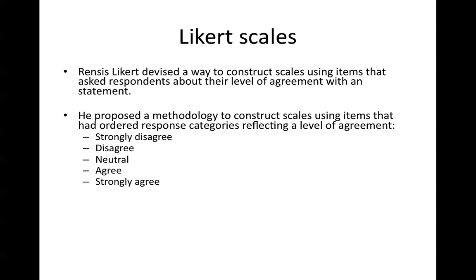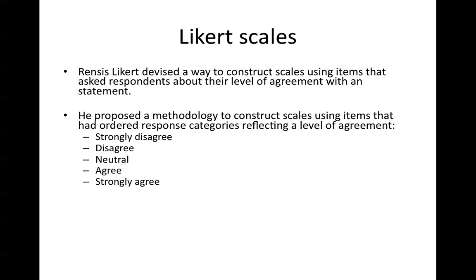One common scale used is a Likert scale. A Likert scale is probably not only a common scale, but probably the most common scale in all of social sciences. Rensis Likert actually devised this scale, and he used it to ask respondents about their level of agreement with a specific statement.